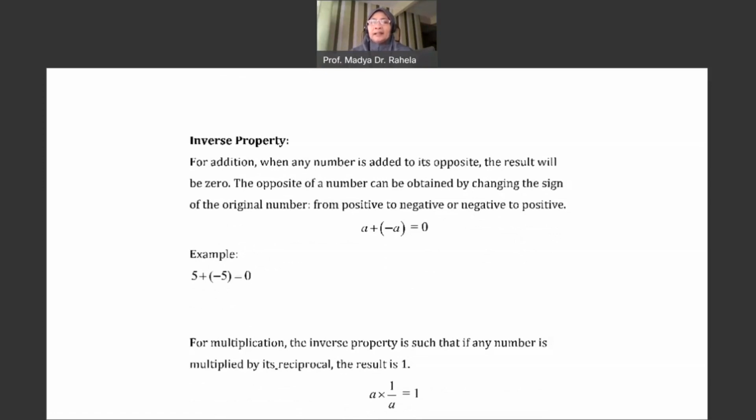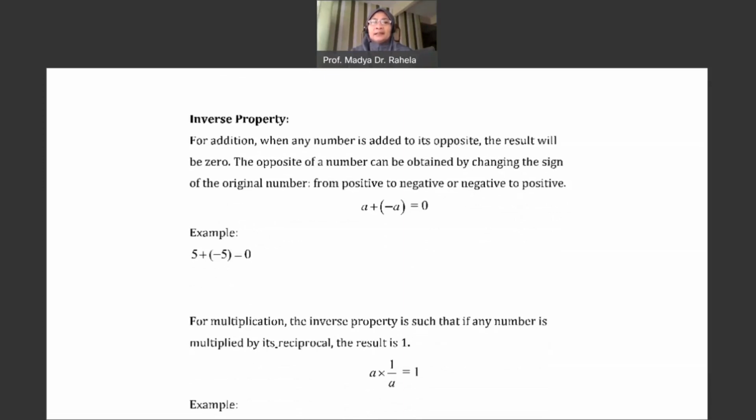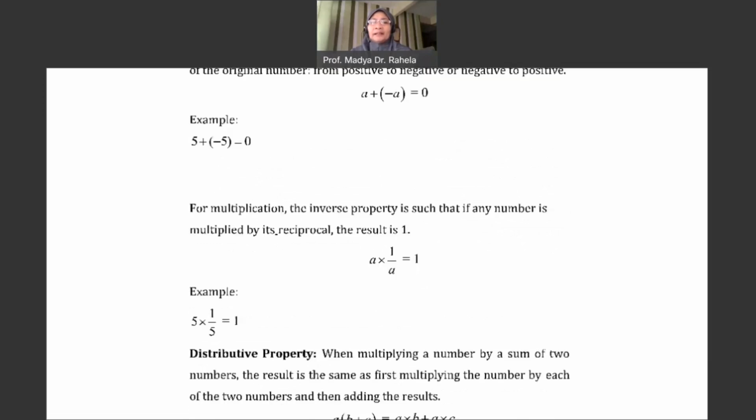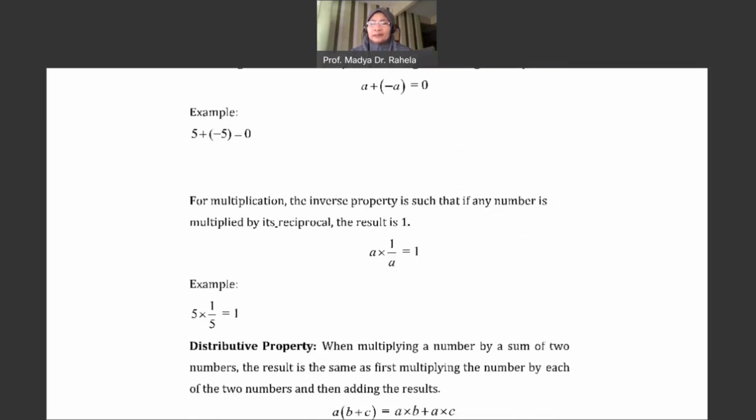So A plus the negative of the number becomes 0. For multiplication, the inverse of the number is its reciprocal. When any number is multiplied by its reciprocal, it becomes 1.